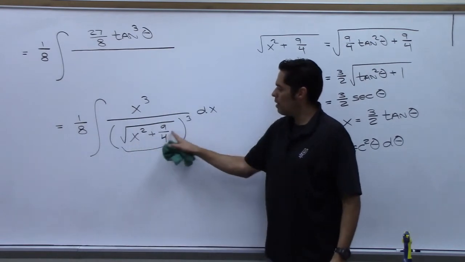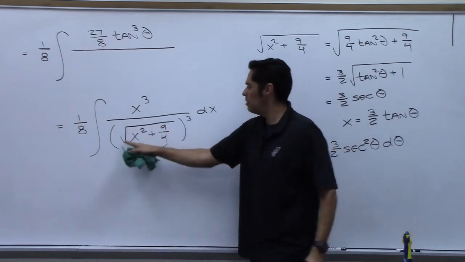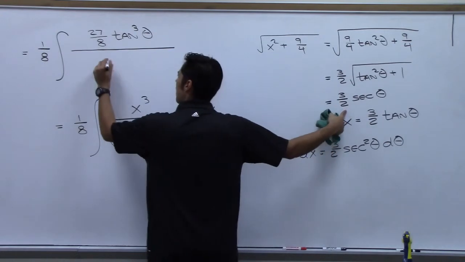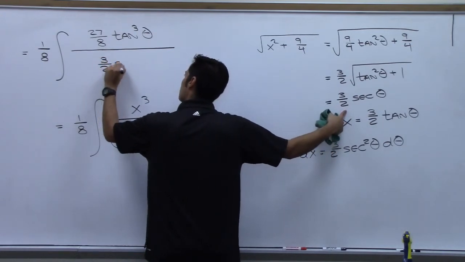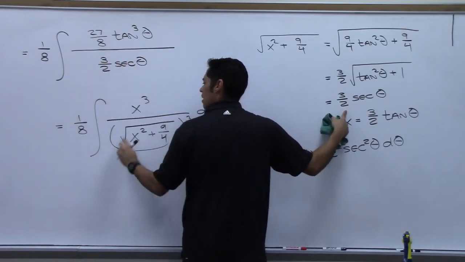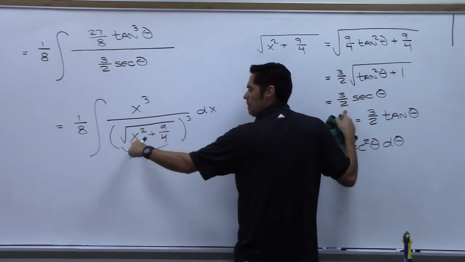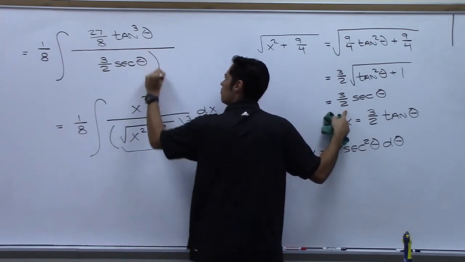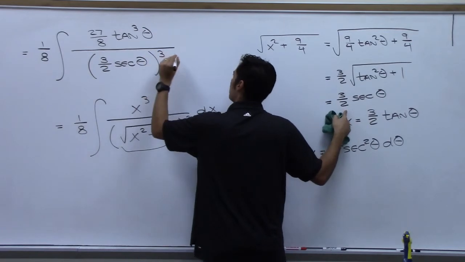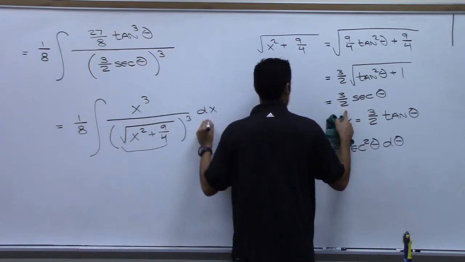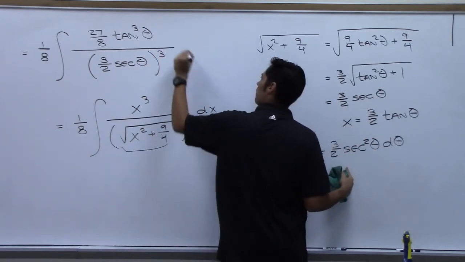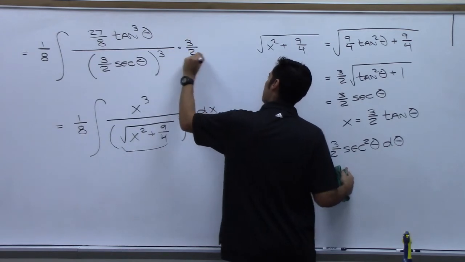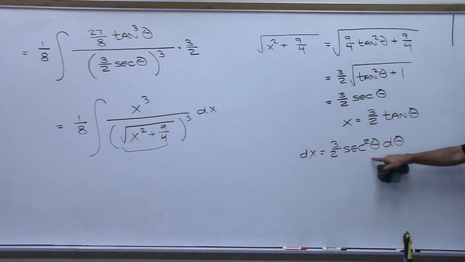Okay, this square root thing turned into 3/2 secant theta, didn't it? That's what the root was. But then what? Cubed. And then don't forget dx is what? dx is 3/2 secant squared theta d theta.